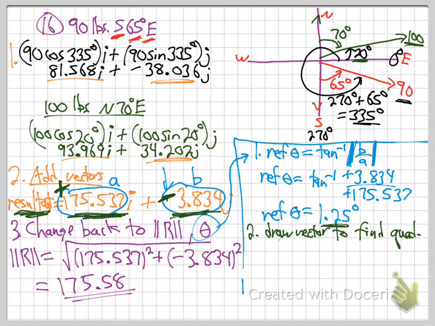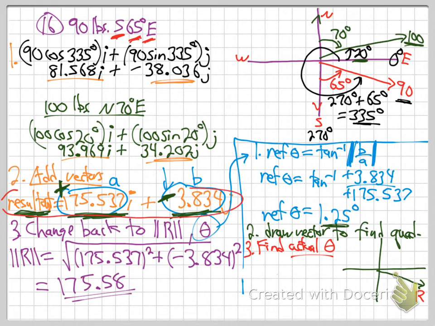We've got to use that. So it's over here. Okay, and then step 3, find the actual theta. Now that we know the resultant vector is in the fourth quadrant, we're going to find the actual theta.